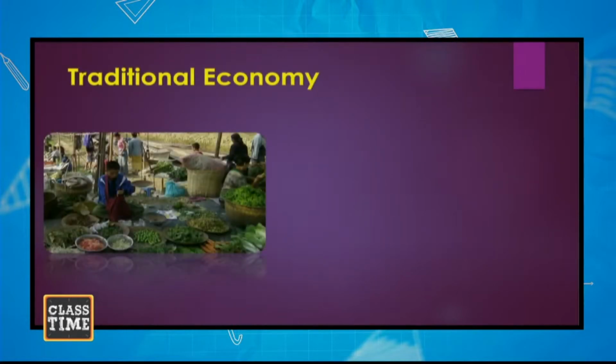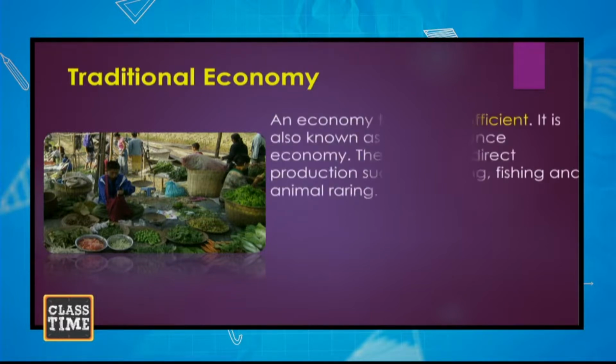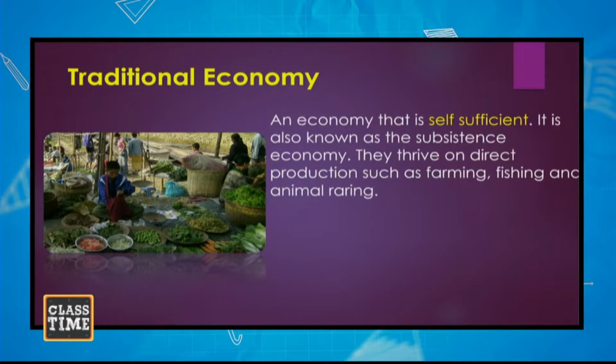So we're going to start off first with the traditional economy. Based on our lesson last week, if you tuned in, you will realize that our traditional economy actually is the same as the subsistence economy. And it's an economic system that is self-sufficient. So within that system, it really thrives on direct production like farming, fishing, animal rearing, hunting, and those self-sustaining activities that are necessary to provide for the family, and just in case there is surplus, they may do trading like barter.